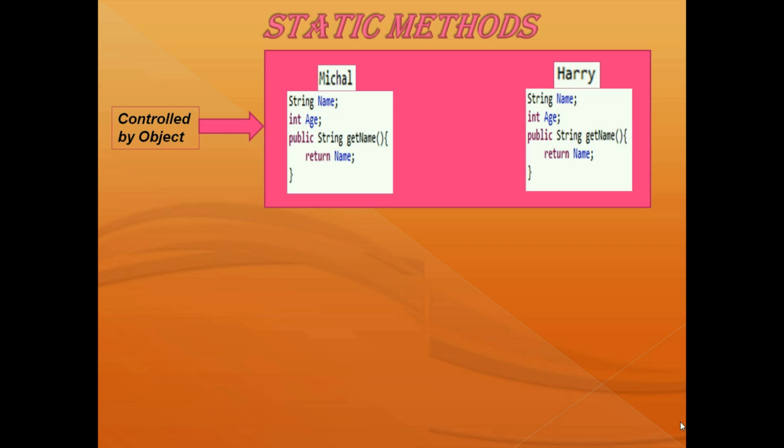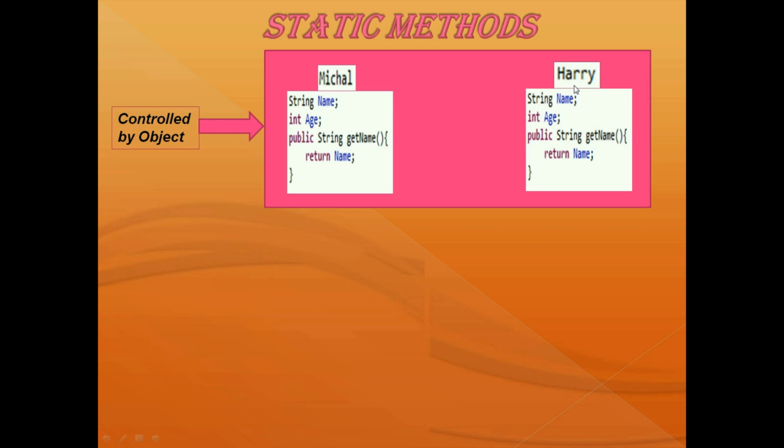And here there are some normal variables like name, age, and a normal method getName, right? The normal variables for Michael are different from the normal variables of Harry. The normal method of Michael will perform some work on these normal variables that belong to the object Michael. Similarly, the normal method of Harry will perform some work that relates to the normal variables that belong to another object, Harry.